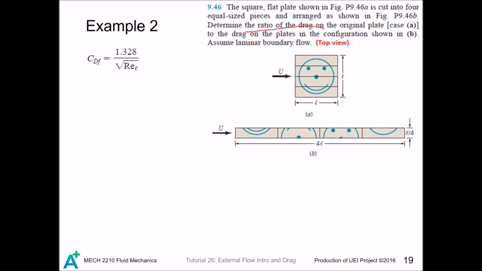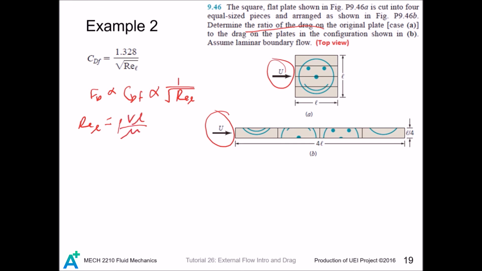So we want to find the ratio of drag force. And since the velocity of these 2 conditions are the same, the drag force is only proportional to the drag coefficient. And the drag coefficient is proportional to 1 over the square root of the Reynolds number. And the Reynolds number for a flat plate is proportional to the length. So this is just proportional to this guy.